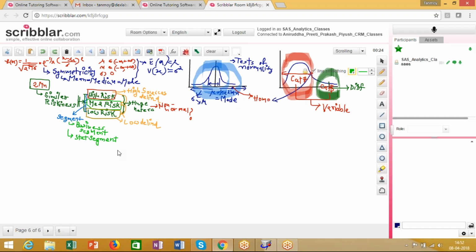So one is a business segment, the other is a statistical segment.